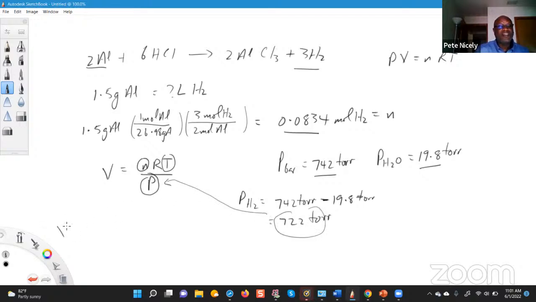So to calculate the volume of the hydrogen gas that's collected, that will be equal to 0.0834 moles times R, which is 0.0821 liters atmospheres over mole Kelvin, times the temperature, 22 degrees, which is the same thing as 295 Kelvin.